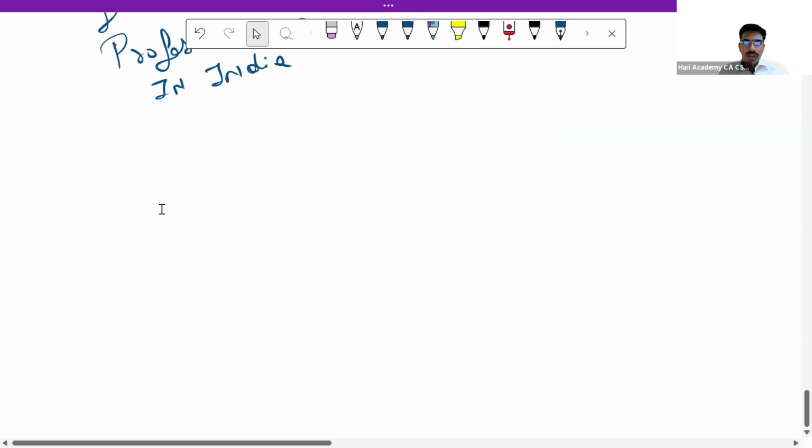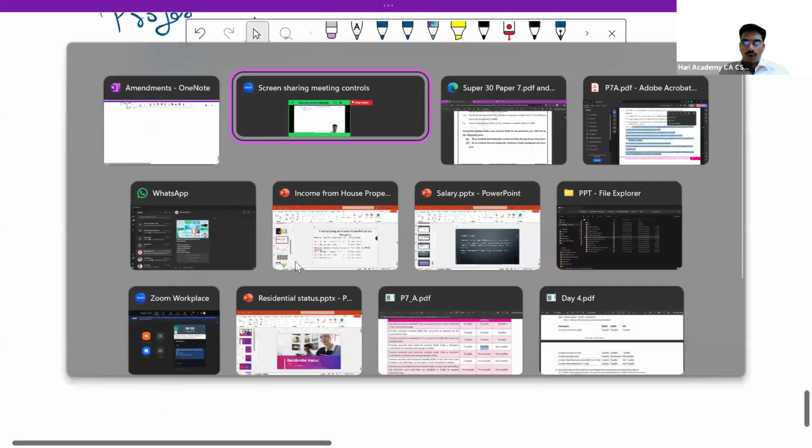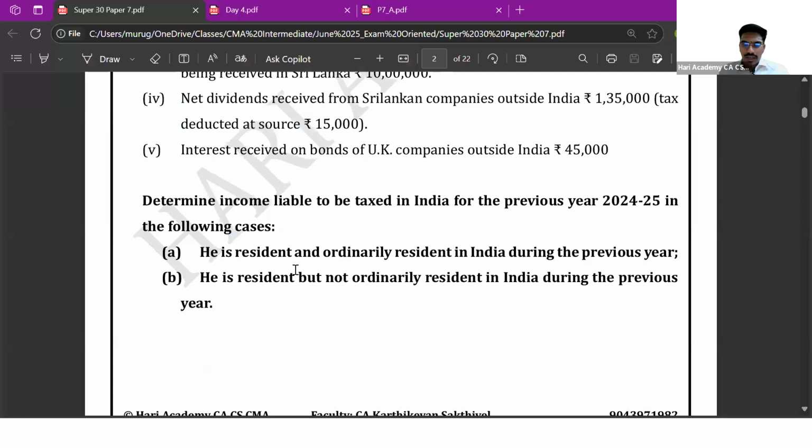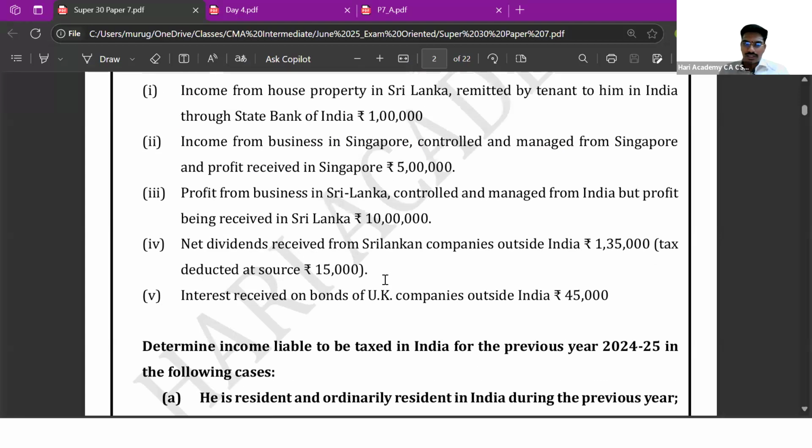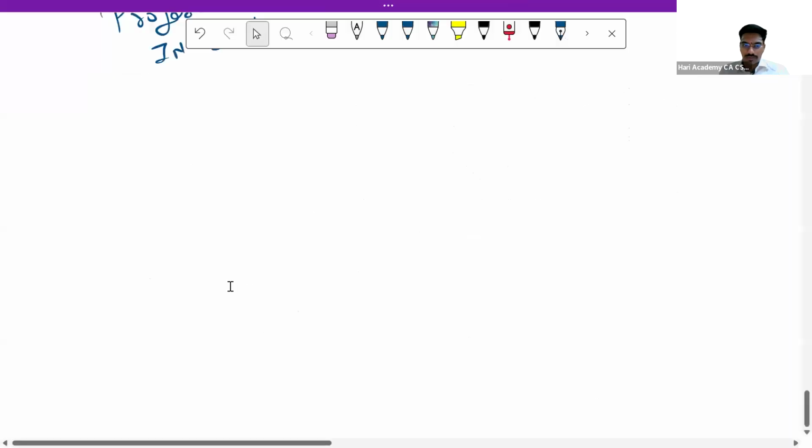Now in this question, we have to find out the total income if he is a resident and ordinary resident, and if he is a resident but not ordinary resident. They have given 5 types of income. Now how do we solve this question?